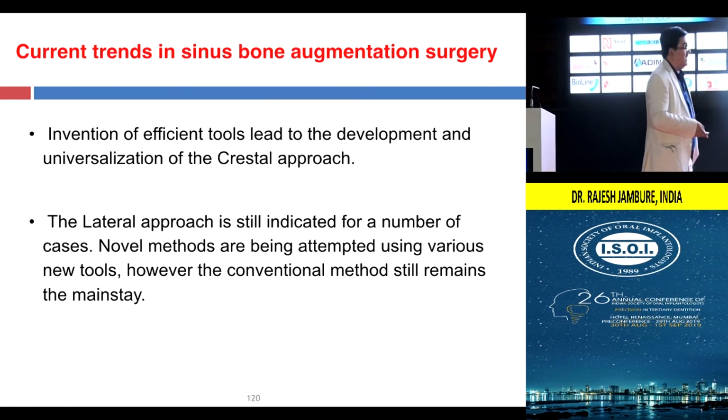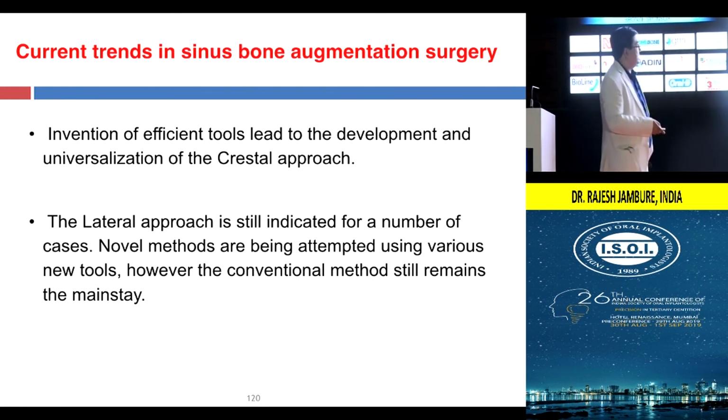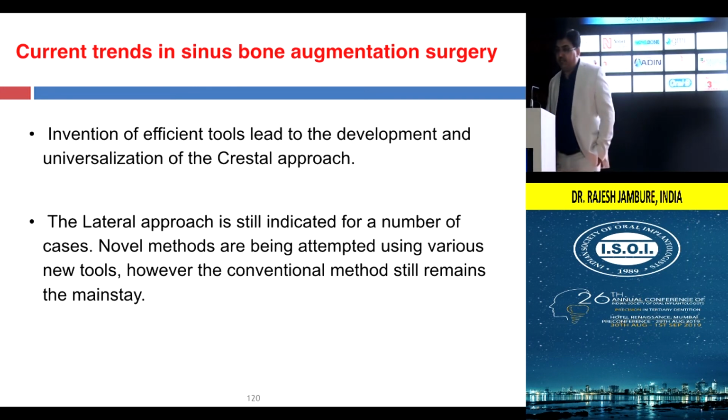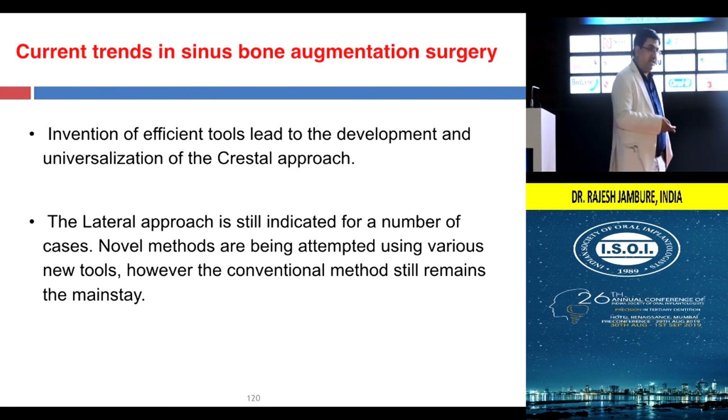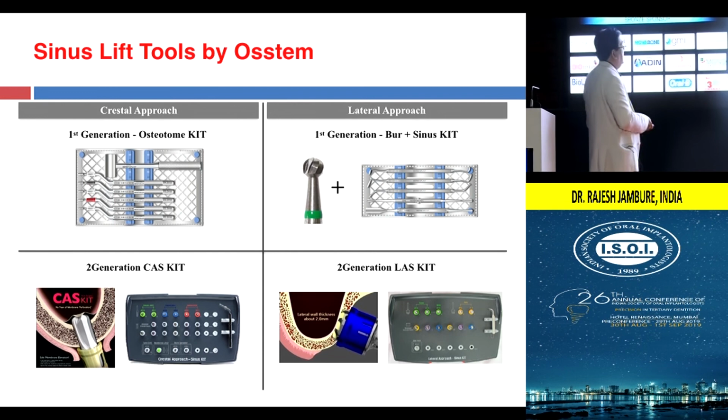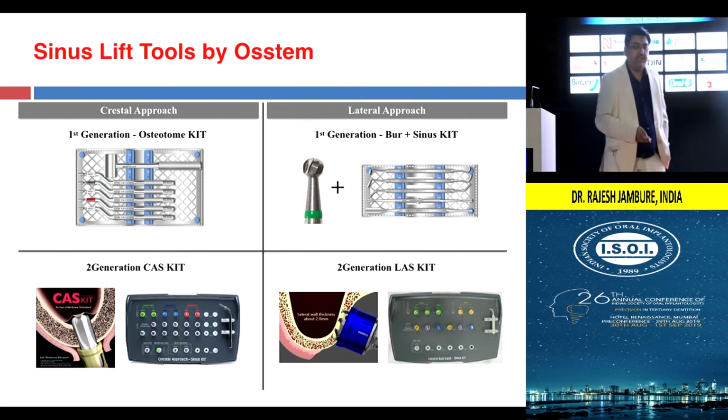The lateral approach is still indicated for a number of cases, and novel methods are being attempted using various new tools. However, the conventional methods are still used by many, and they are still the mainstay. These conventional methods like osteotome or burr technique can still be followed, but we need to move forward, and we have these different tools, like the CAS kit for the crestal approach and the LAS kit for the lateral approach.